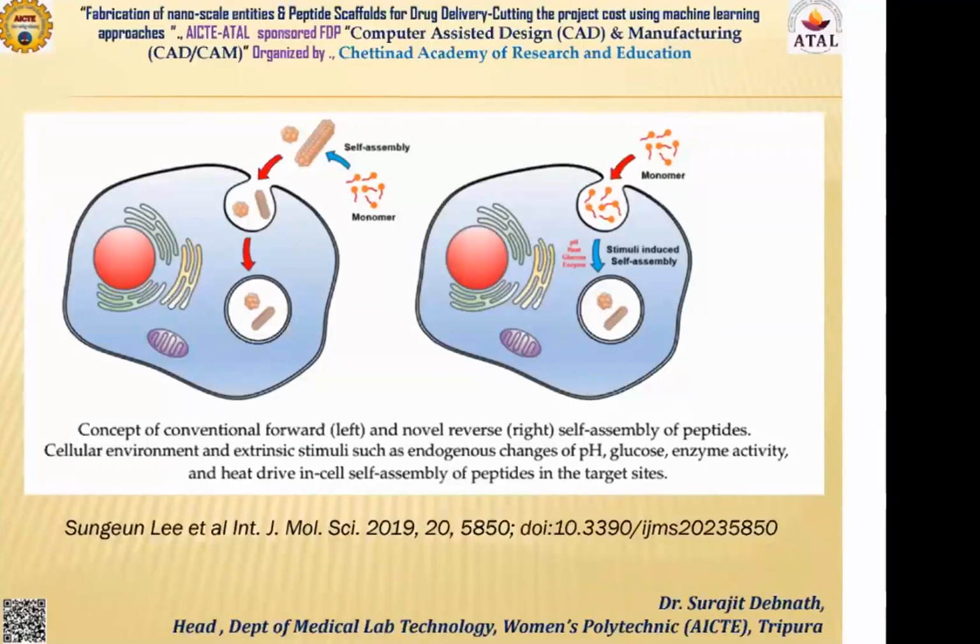This is a very old approach known to all of us. In the cell itself there is a top-down and bottom-up approach, and we are just replicating it. For example, as I have given you the concept of spindle fiber formation, which is nothing but a bottom-up approach of nano scale fabrication.